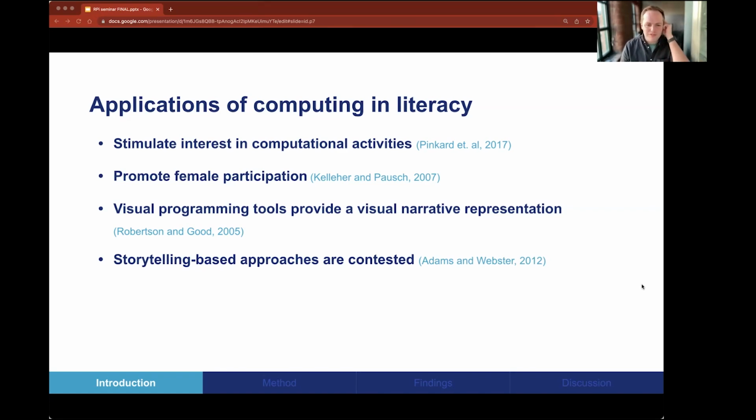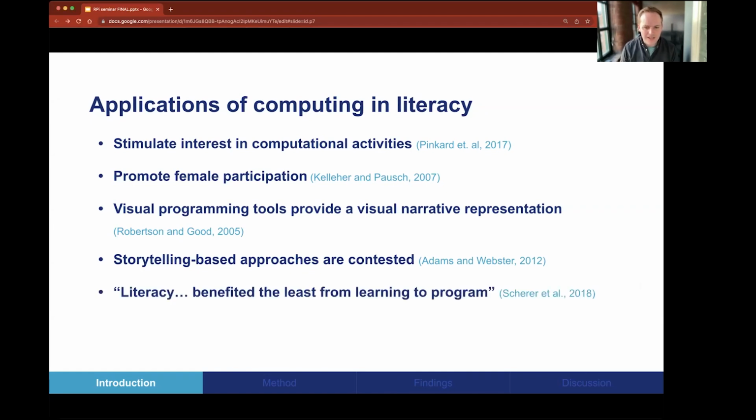It precludes novice programmers from employing concepts like variables, loops and conditional statements. So that's one point against creating story-based programs. And then finally, Ronny Scherer and her colleagues looked at the cognitive affordances or benefits of programming and found that literacy benefited the least from students learning to program.